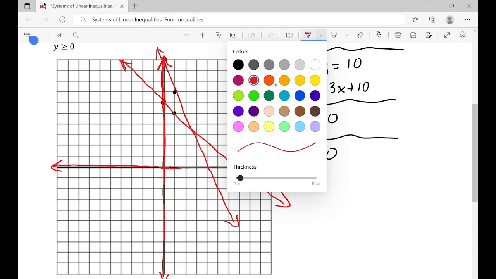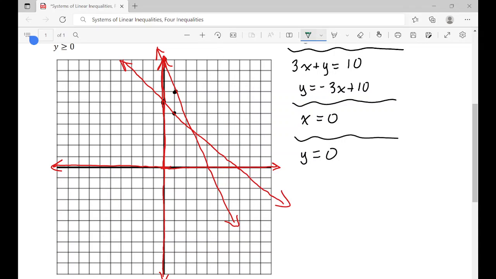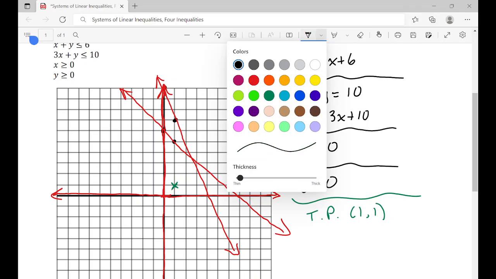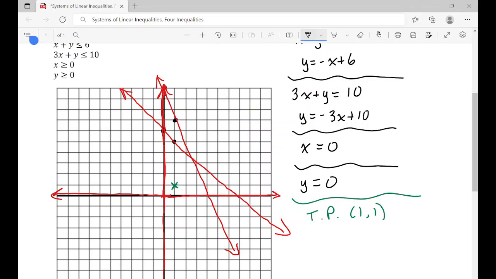Now I need to pick a test point somewhere that's not on any of the lines drawn. I'm going to choose something simple. I'm going to choose this test point here, which is 1, 1. I'm going to plug 1, 1 into all of my inequalities to see what is true and what is false.